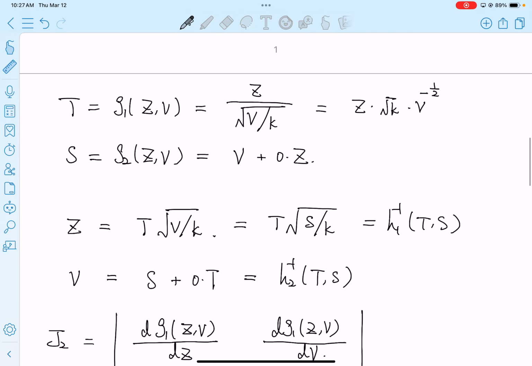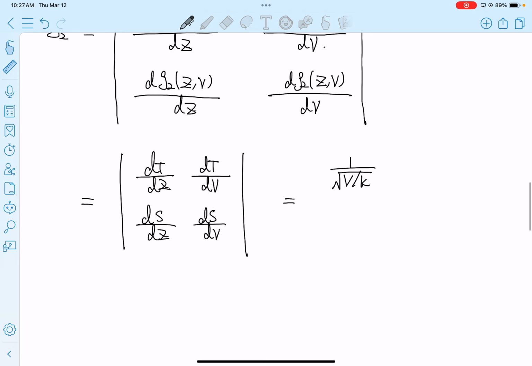The power is negative 1 over 2, and when you take the derivative, you will have the negative 1 over 2 in the front, and then v to the power minus 1, so you will have negative 3 over 2, multiplied by z, multiplied by square root of k.